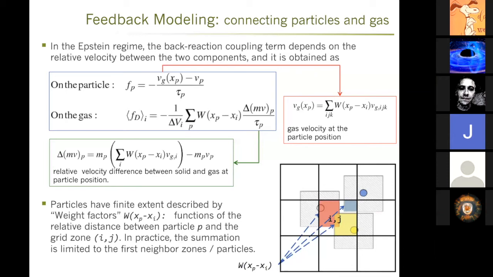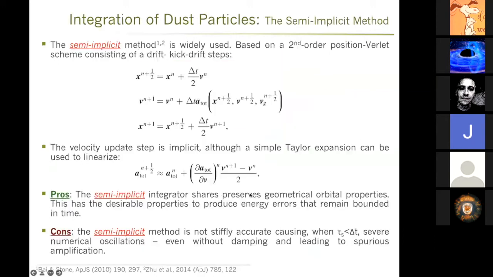So it's mutual, and it's described by this weight factor. All that matters is just the relative distance between the particle and the center of the cell. That's all. And with this technique, we can model the contribution by summing over all the particles weighted on the weight function, which is again a function of the relative distance between the two.